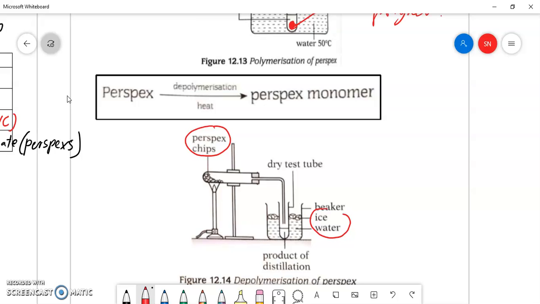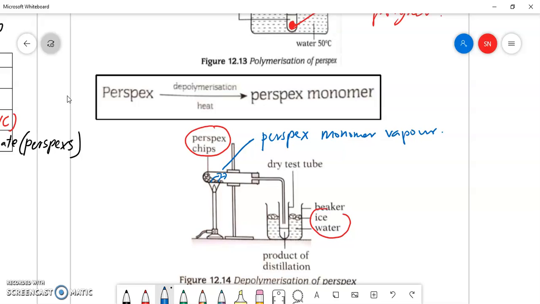When perspex is heated, it will evaporate into perspex monomer. When you heat up, the polymer breaks into monomer, and it is in vapor form.